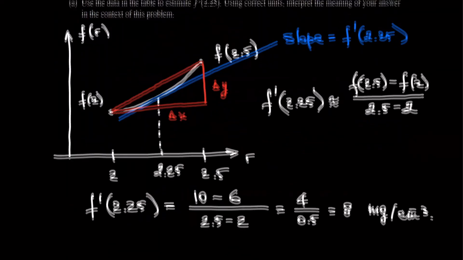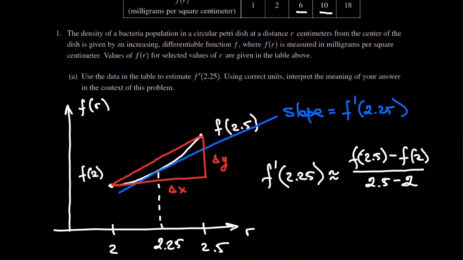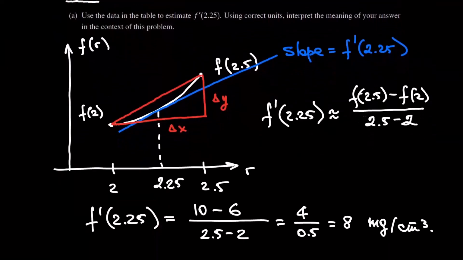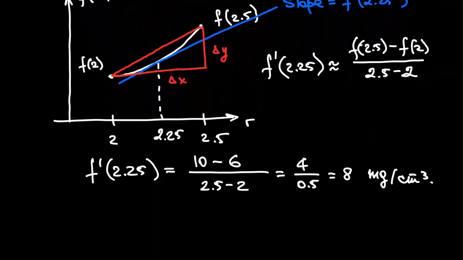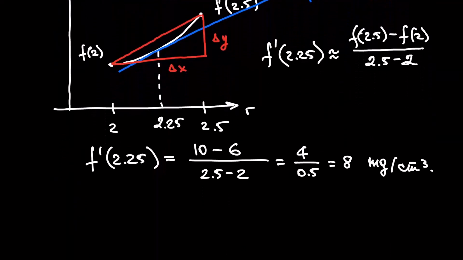And why is that? As we said, the units of the density are milligrams per square centimeter. And so here we differentiate with respect to r, which is also in centimeters. So it becomes milligrams per square centimeter per centimeter, or in other words, milligrams per centimeter cubed. And then what is the interpretation of the derivative here? It's the rate of change of the function.